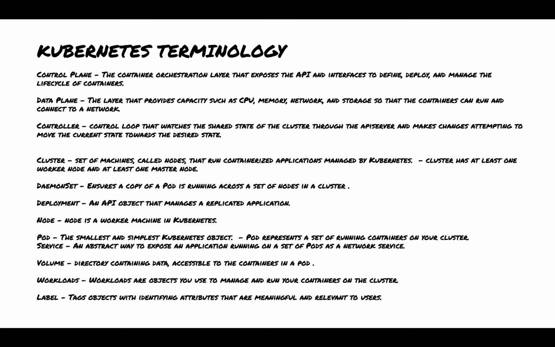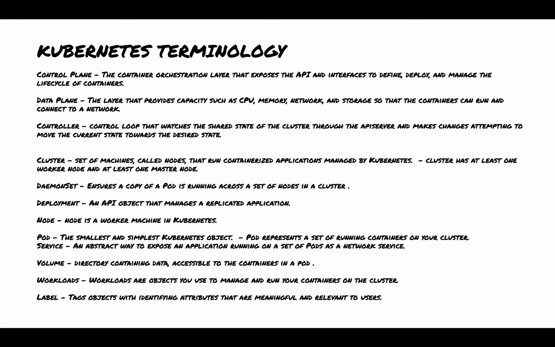And then comes the daemon set. A daemon set ensures a copy of a pod is running across the set of nodes in a cluster. It's just a file where we define that a copy of the pod should run on all the nodes. So you can set your constraint there.